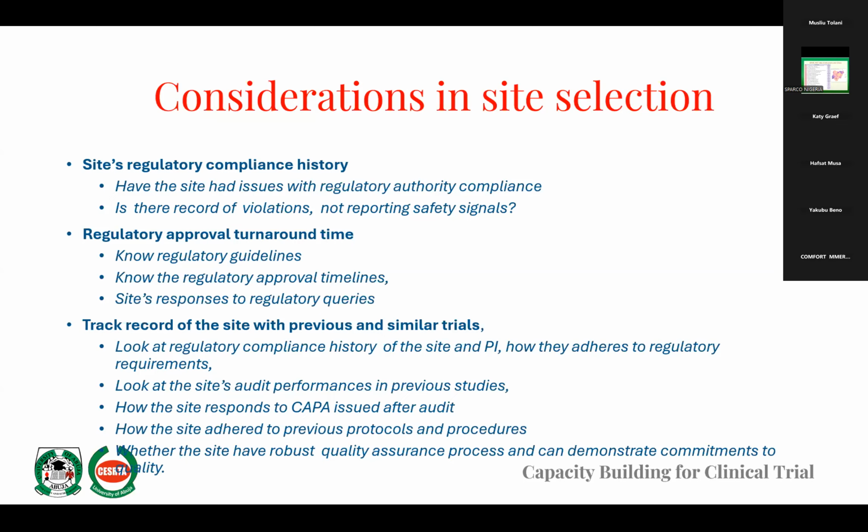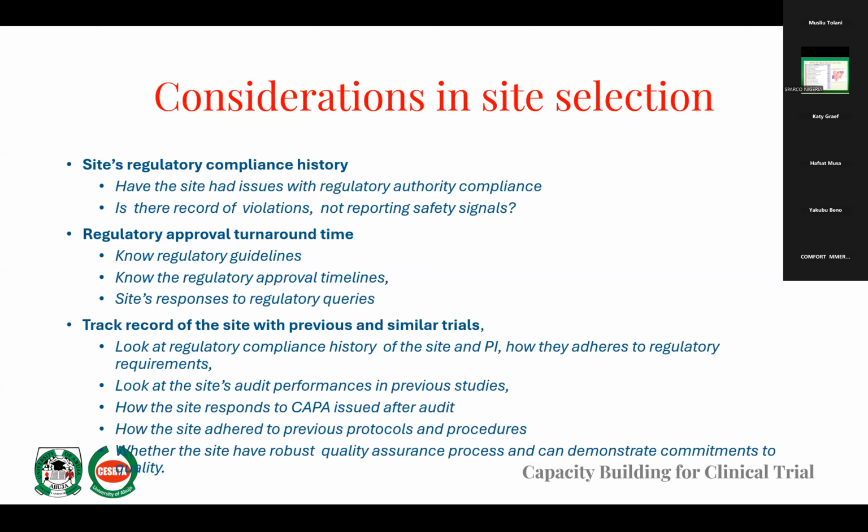Because for every clinical trial, there is budgetary allocation and it is time bound. So with an extension, that will really add to your budget. So you look at the record of violations, or not reporting safety signals, or not submitting progress reports to regulators. Regulators will flag them, so they will communicate with or send warnings to those particular sites. And for us, because we know some of these sites, we categorize sites based on their potential risks.